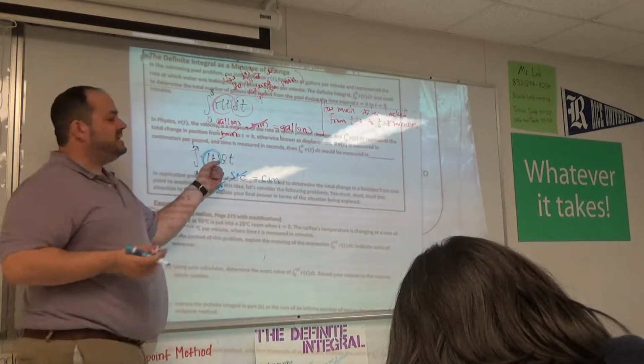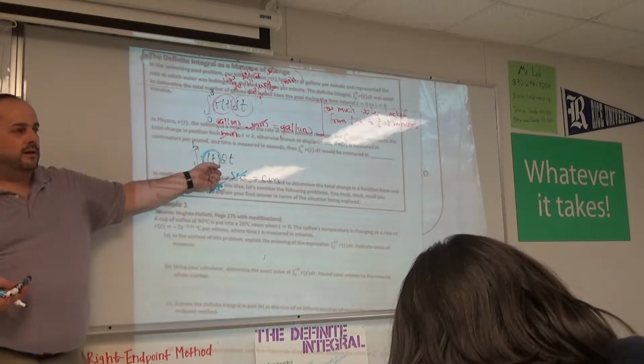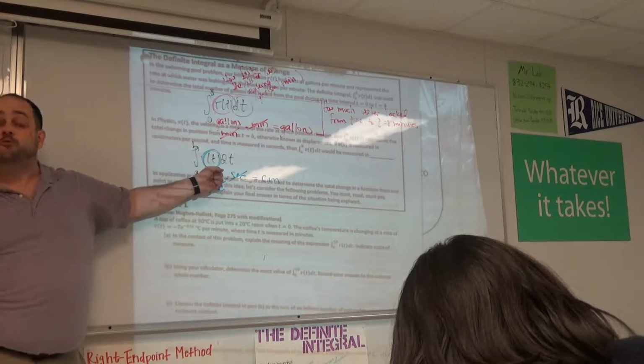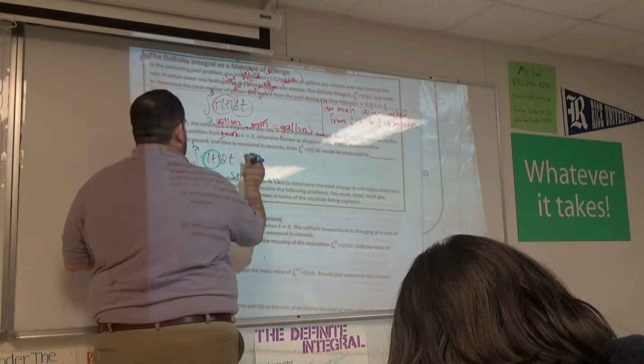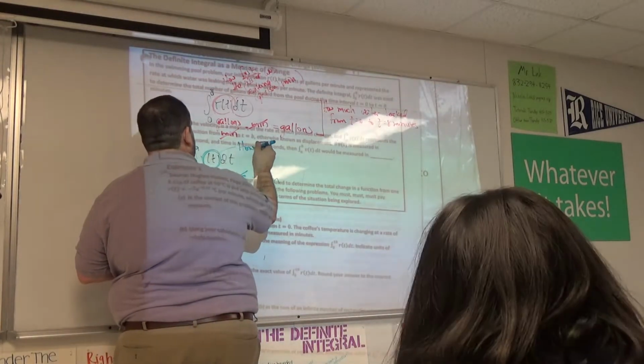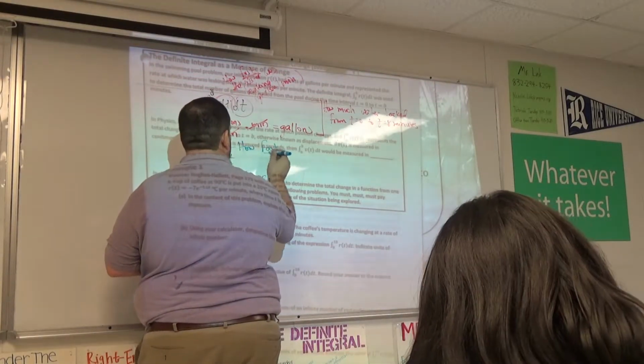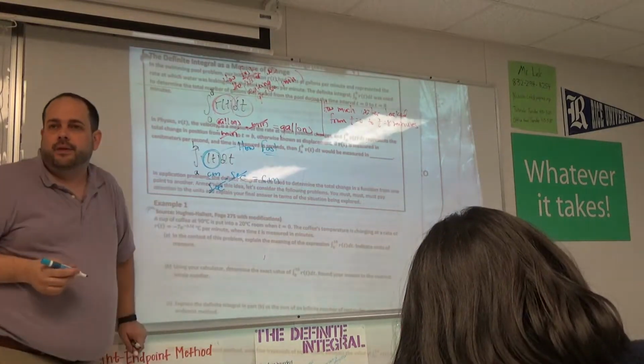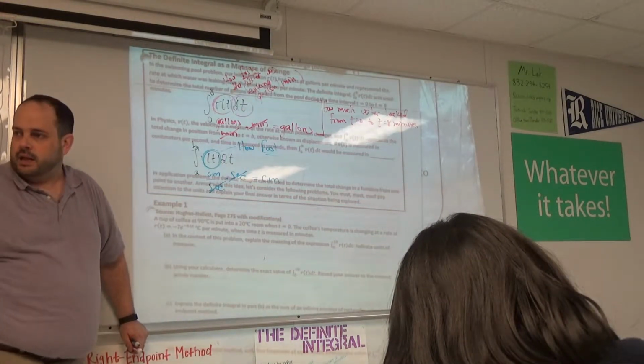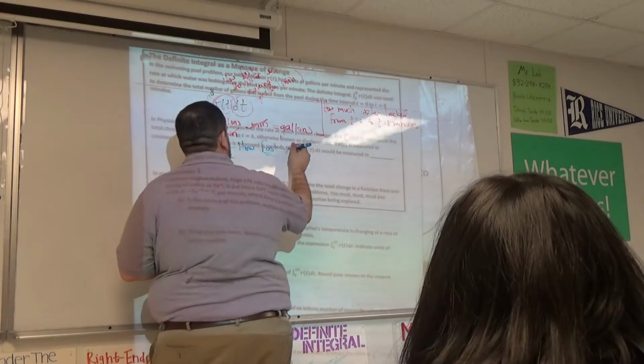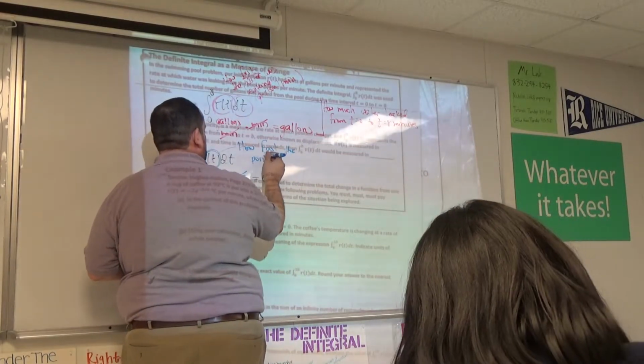Now V of t, you guys know V of t stands for velocity, but it is a rate. It is telling you how fast what? How fast the position changes.